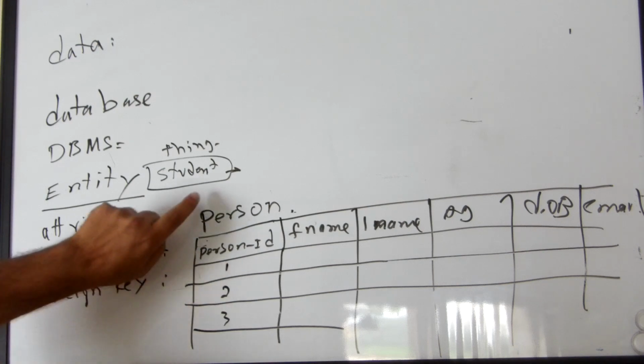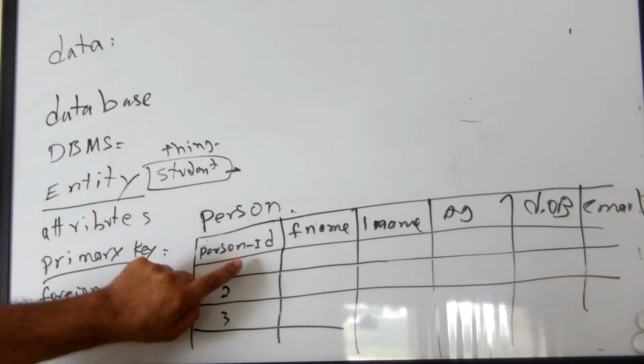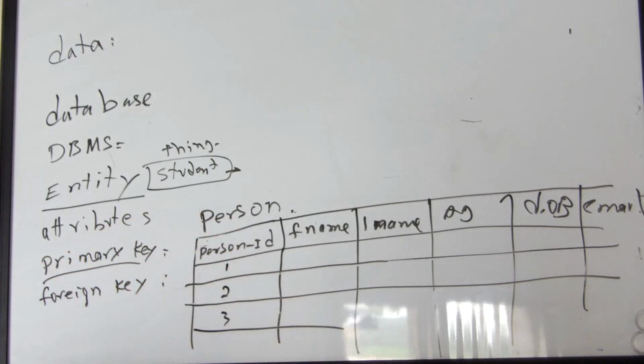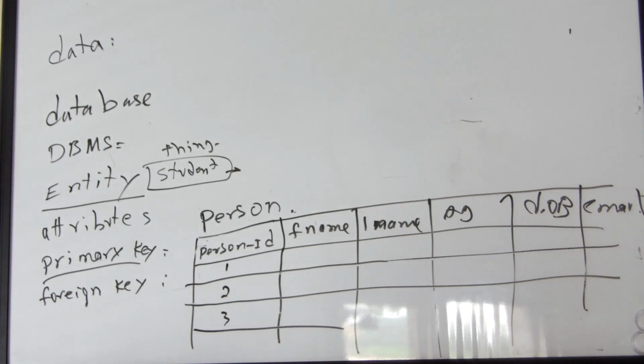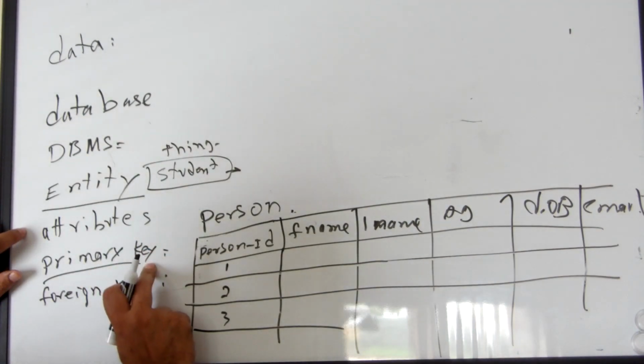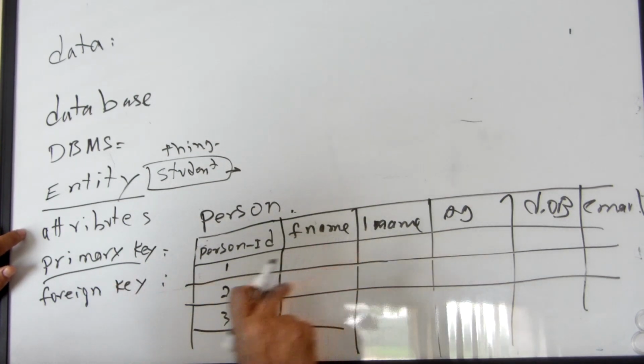These are the entity and these are the attributes. The key attribute is the one that identifies the rows. What I'm trying to say is a primary key is a key that actually identifies these rows.